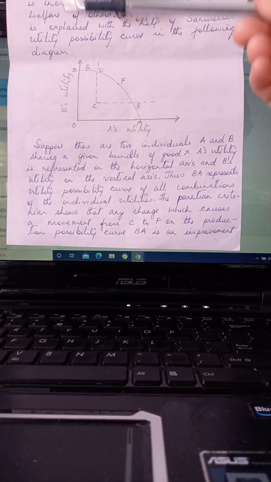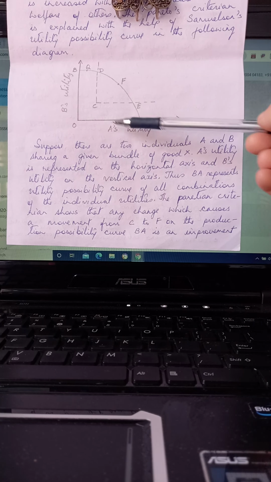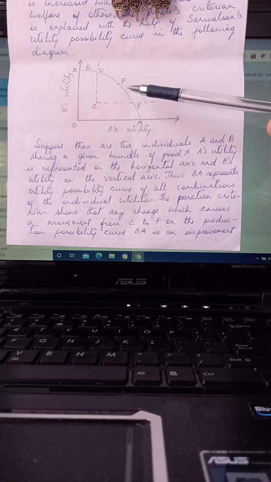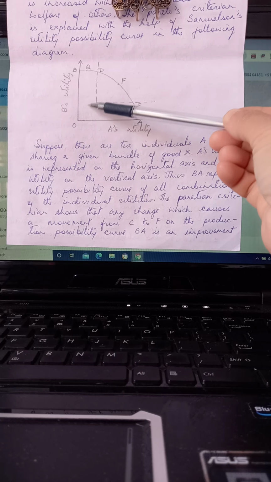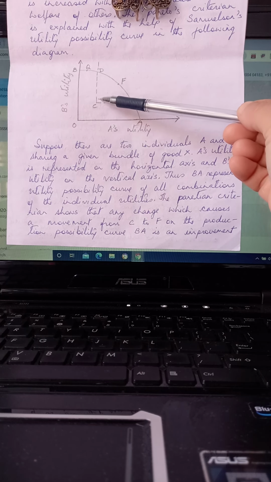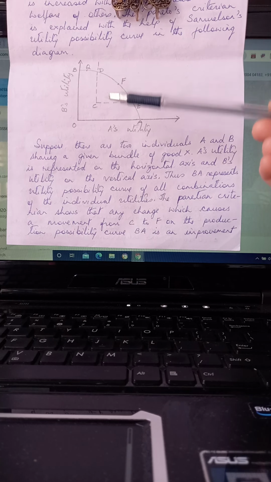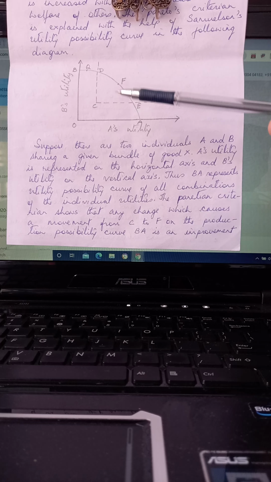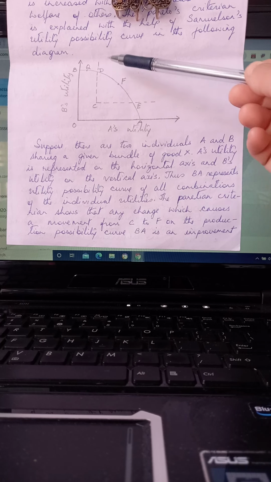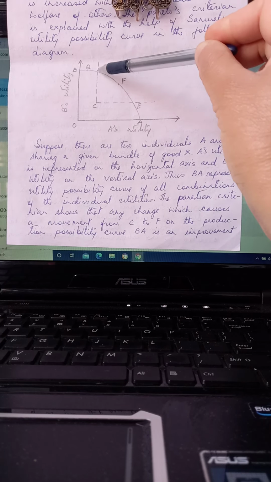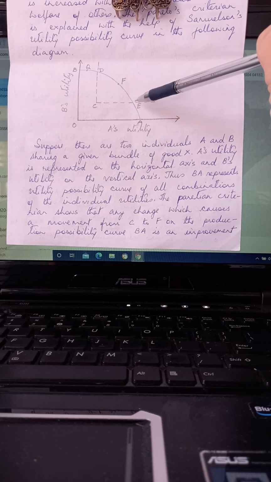Because A's utility has increased, no doubt, but B still remains the same. He still gets whatever he got earlier. There is no change. And as such, social welfare is still achieved at these points, be it point D, point F, or point E.